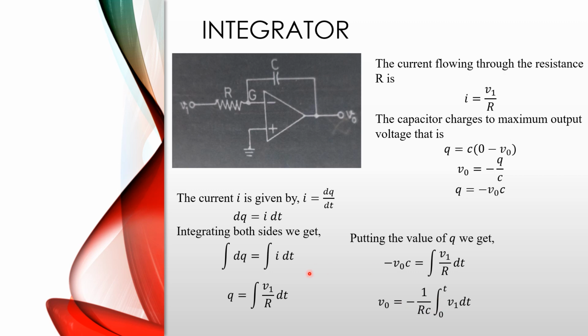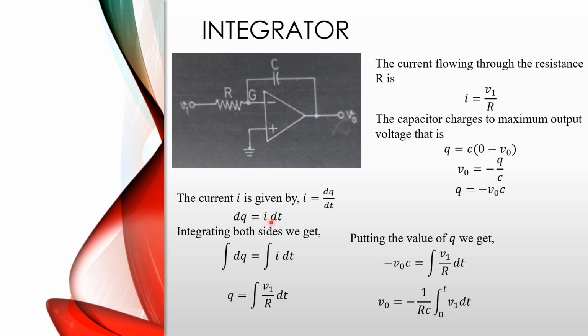So first of all, we have to calculate the current flowing through the resistance, that is I equal to V1 by R. Then we have to calculate the capacitor's maximum charge, that is Q equal to CV. But here the V value is the potential difference, that means 0 minus V0. So Q equal to minus V0C. We know the current is I equal to dq dt, that means dq equal to I dt.